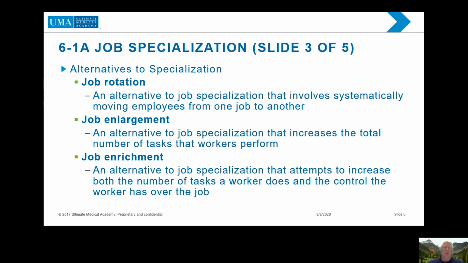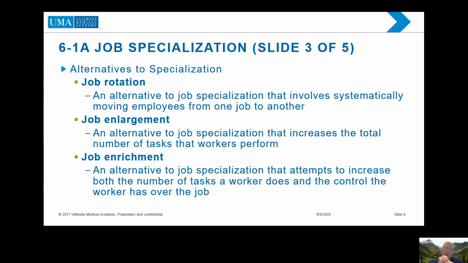Alternatives to job specialization: job rotation, so basically moving employees from one job to another. Job enlargement, increasing the number of tasks that workers perform. And then job enrichment is kind of an attempt to increase their tasks as well as giving the employee some control over what they have to do.